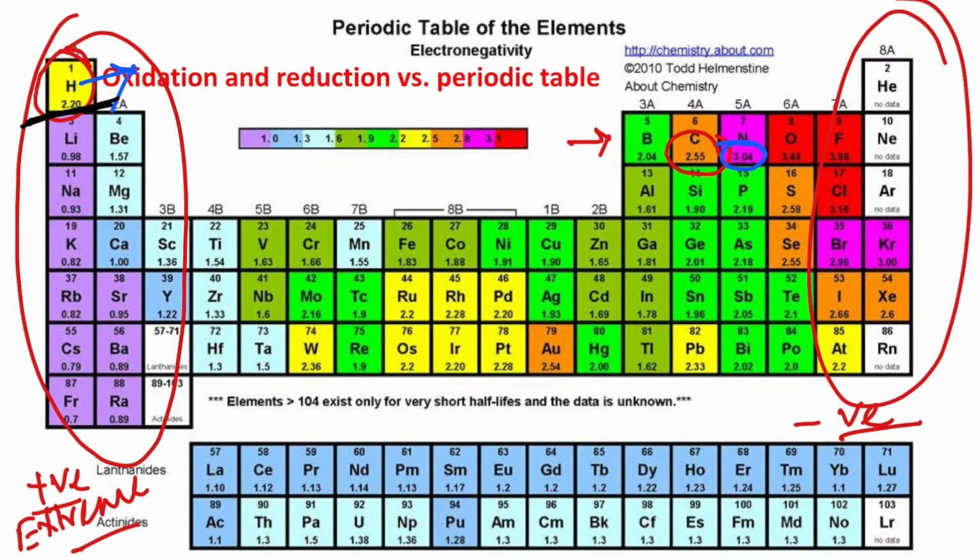Now if you look at these elements, this is actually nitrogen, oxygen and fluorine. In this case, nitrogen is 3, oxygen 3.4 and fluorine 3.98, nearly 4.